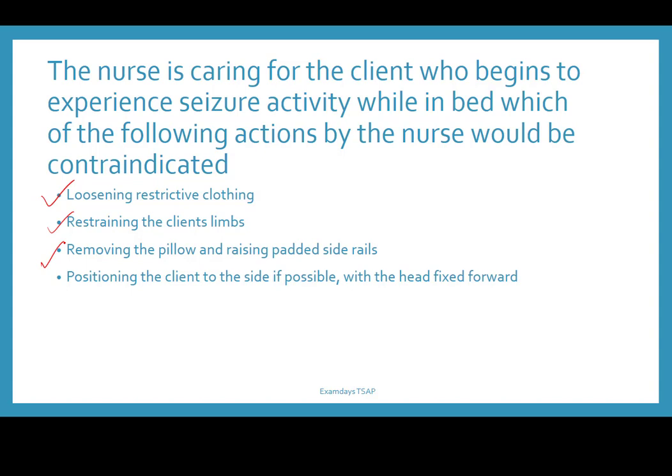Option C, removing the pillow and raising padded side rails. Option D, positioning the client to the side if possible with the head flexed forward. The correct answer is restraining the client's limbs. So this is a very important question.